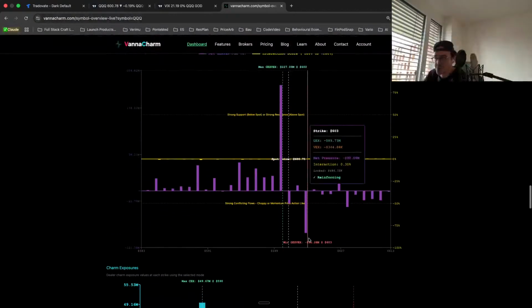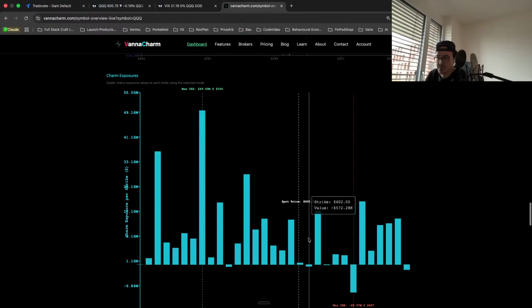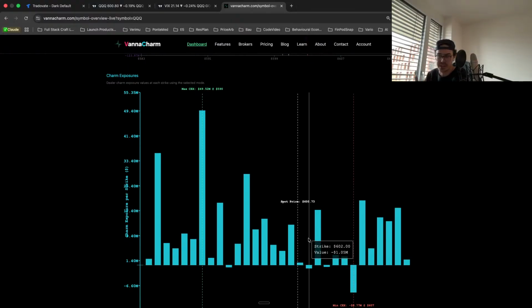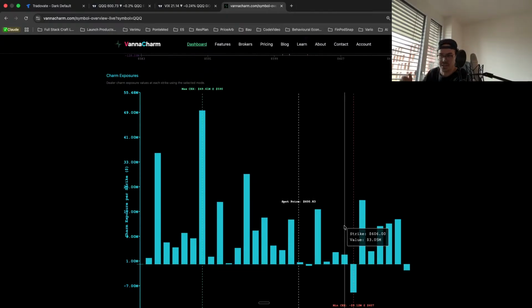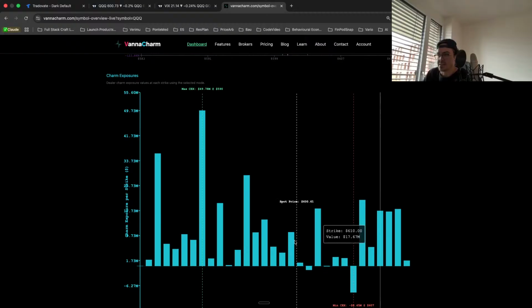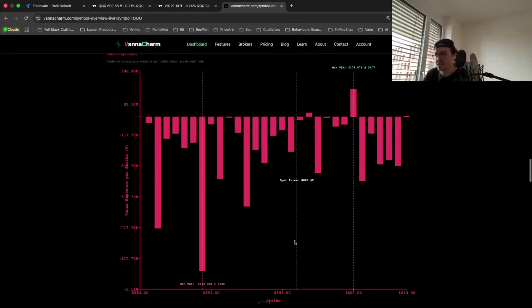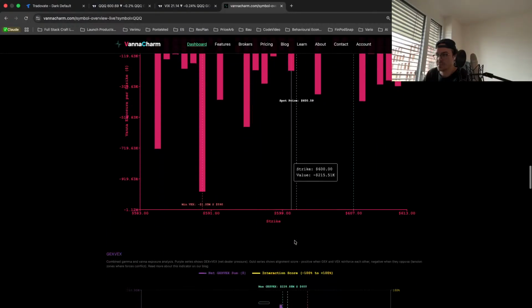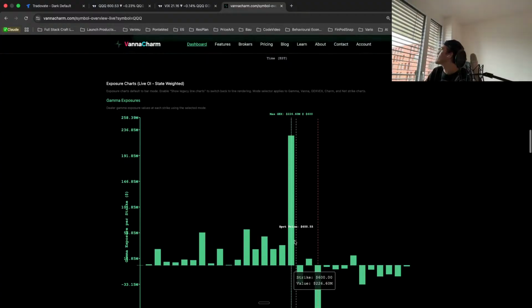And for Charm, the real-time Charm is, in my opinion, the most simple of the state-weighted. You know exactly the number of seconds until expiration, as every second passes. So that's what we call the state-weighted, the instantaneous state of the exposures.